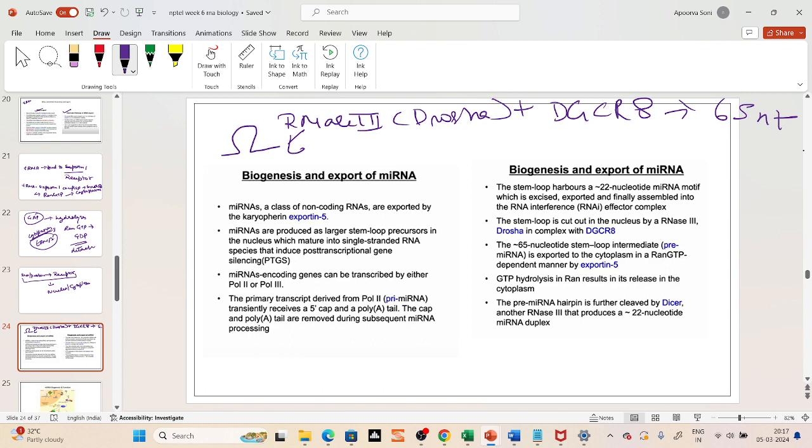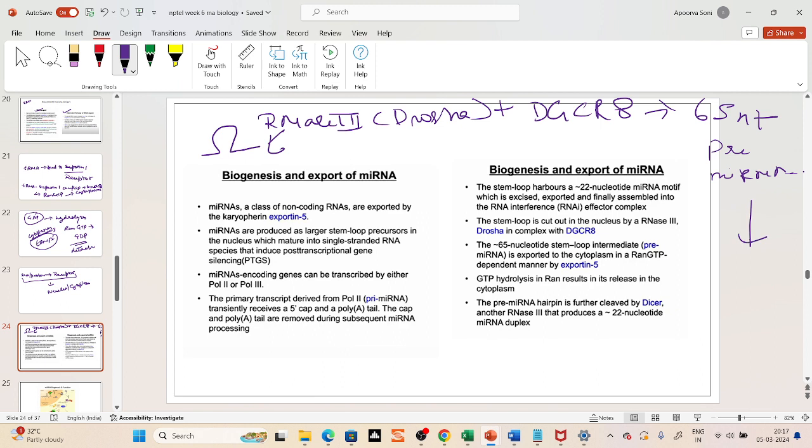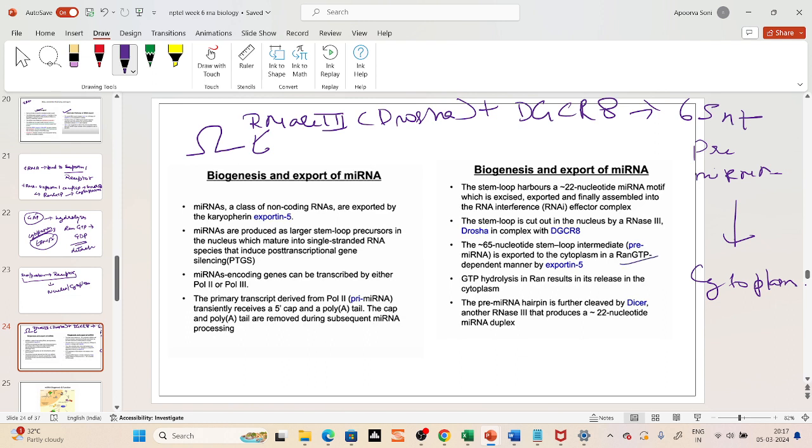Then this pre-miRNA goes to the cytoplasm with the help of RAN GTP, just like we have discussed. In the cytoplasm, GAP will hydrolyze, and then this pre-miRNA is released in the cytoplasm.